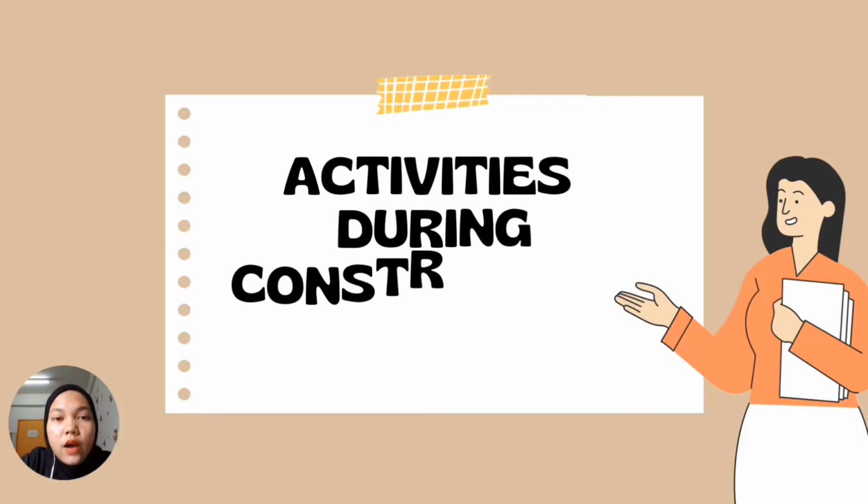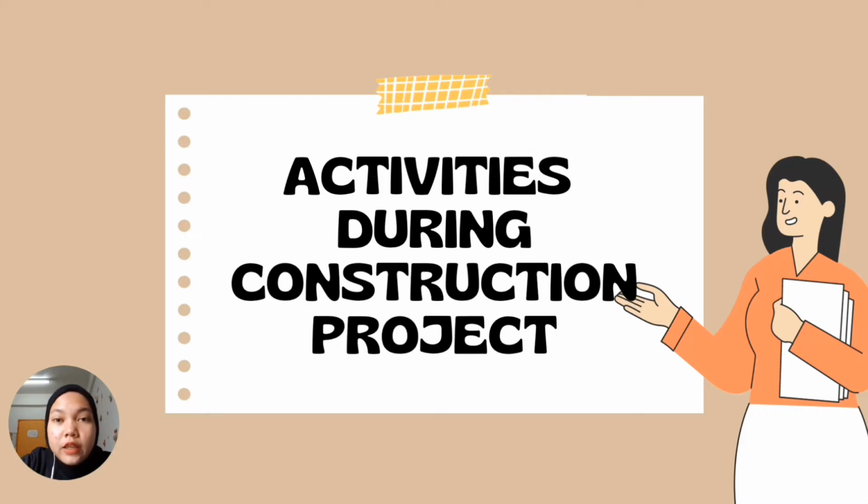Okay, now I want to explain about the activities involved during construction projects. There are a few steps in the activities that we do in construction projects. Firstly is marking and grading. Grading is done to ensure that buildings are even, last long and maintain maximum support, so that the building won't collapse.